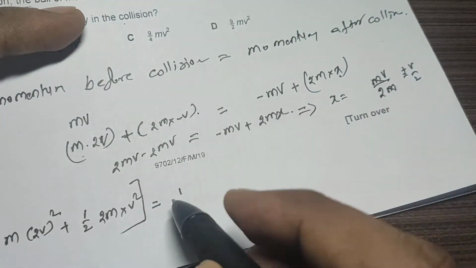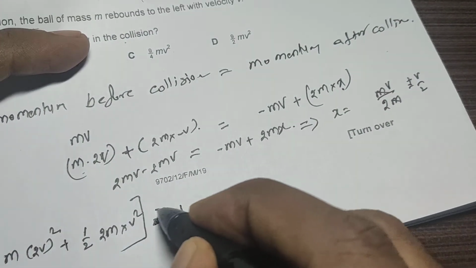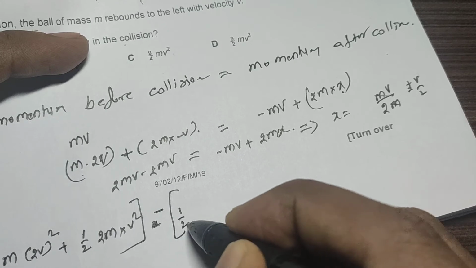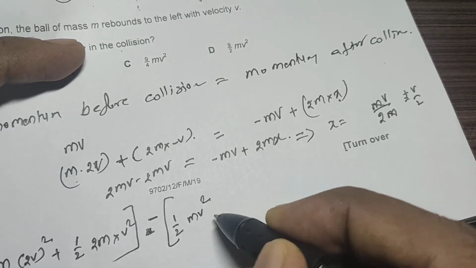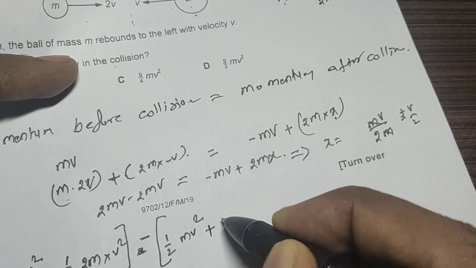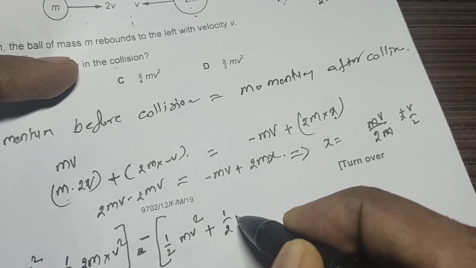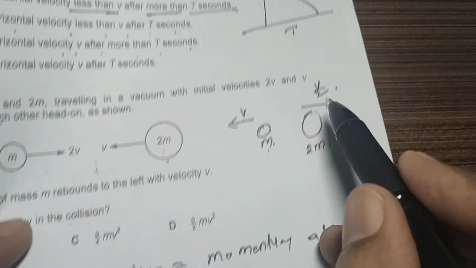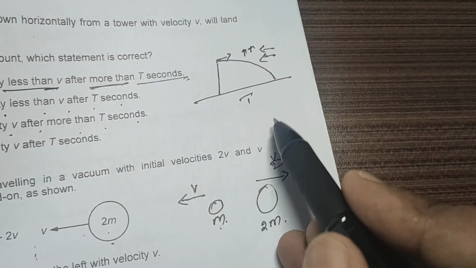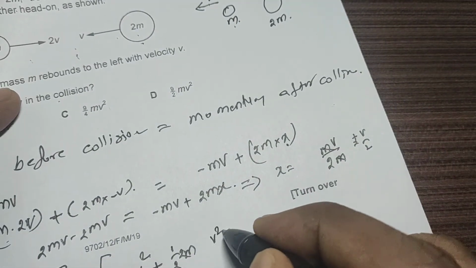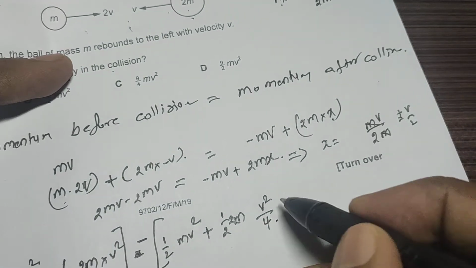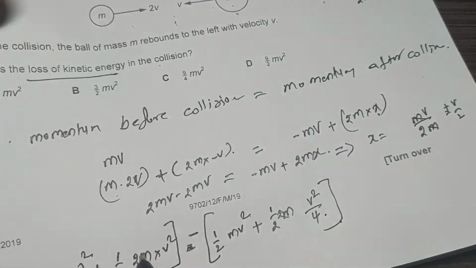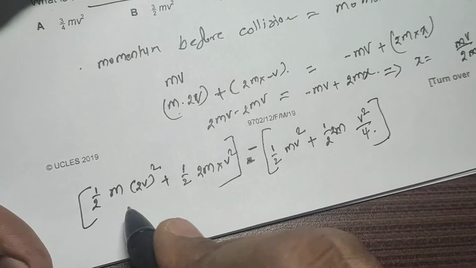Why? Because the change in kinetic energy is minus half m v squared plus half 2m times (v over 2) squared, which is v squared over 4. So what is the number here? You need to calculate.